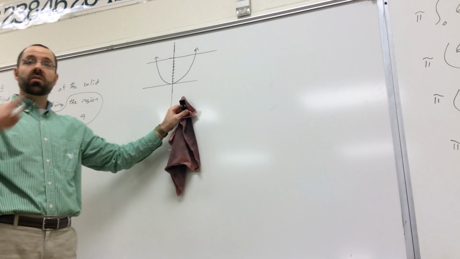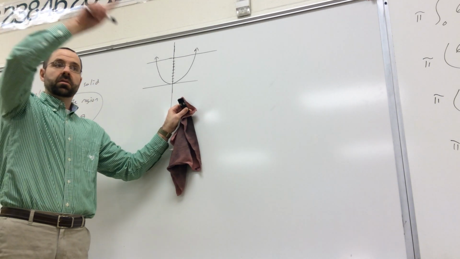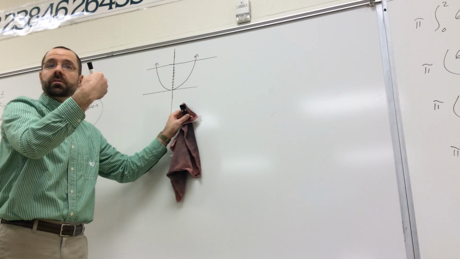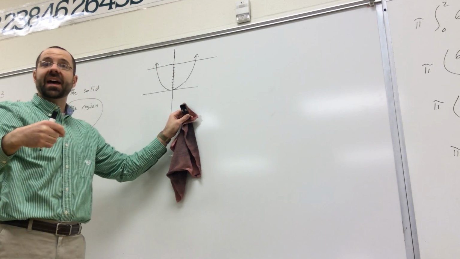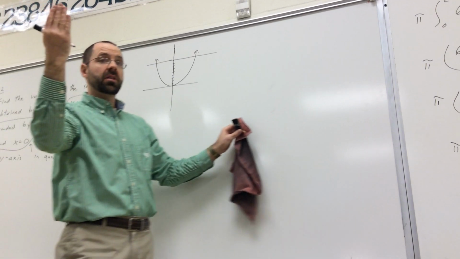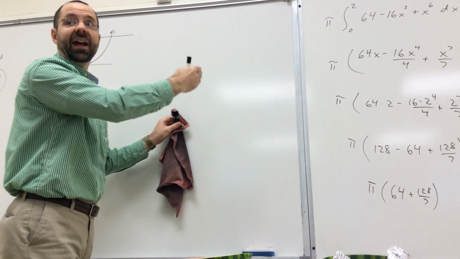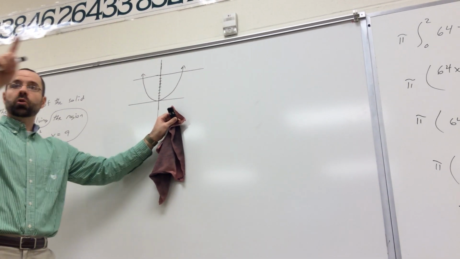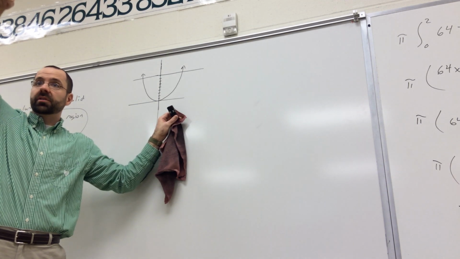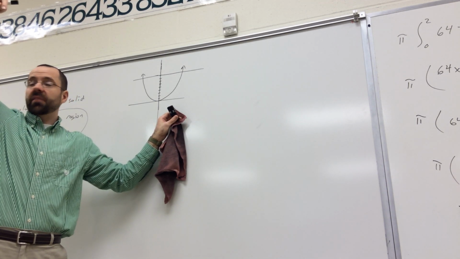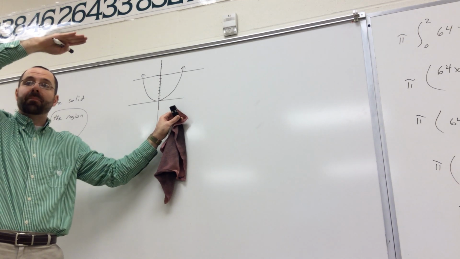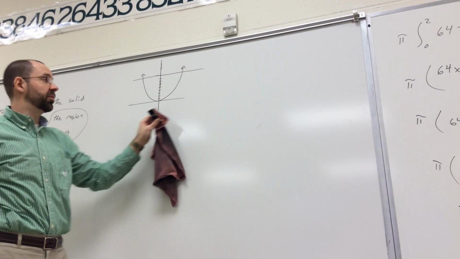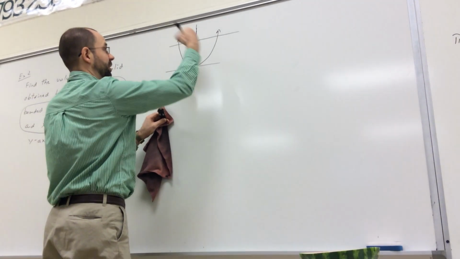Because when I revolve this way, circles are created from the side, right? So because of that, I wanted to slice off the circle on the side. This is different. This time I'm revolving this way, so circles could be seen from above. And because of that, I want to slice off the top. Okay, so this time my slices are going to go this way.